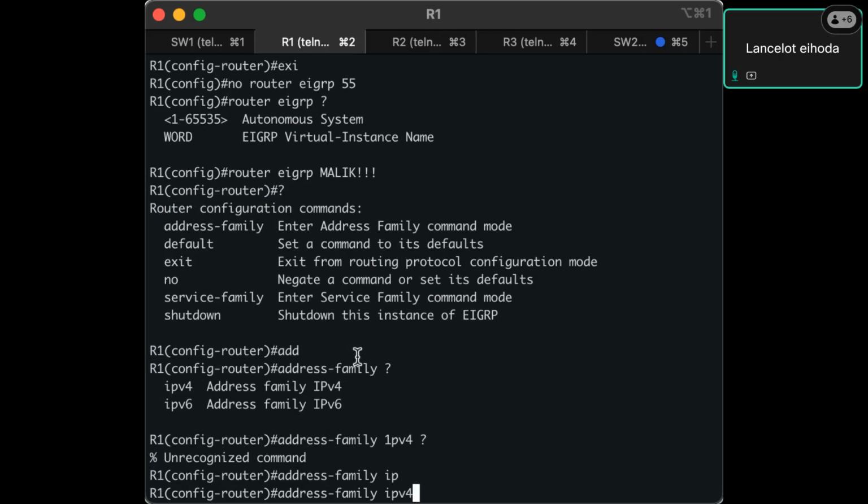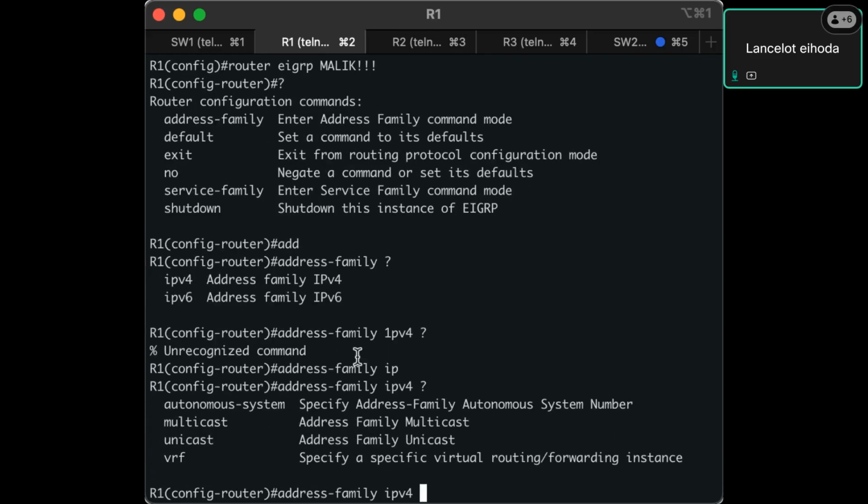Now I can make it unicast as a family. This command actually becomes helpful when you are doing BGP, because with BGP it's always unicast. I can specify a VRF, or I can specify an autonomous system number.